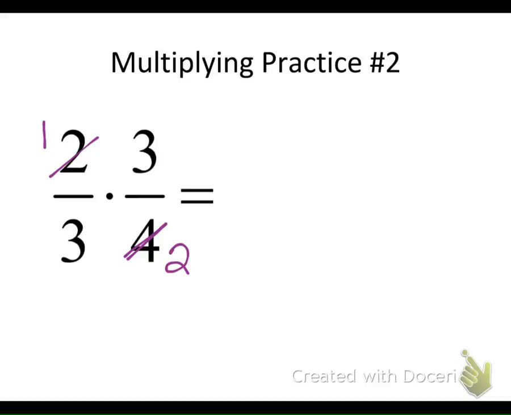No. What about 3 and 3? Yes. So 3 and 3 are both divisible by 3, which would bring both of these numbers to a 1. Okay? We have step 1 complete.